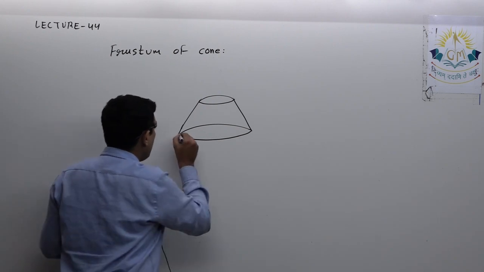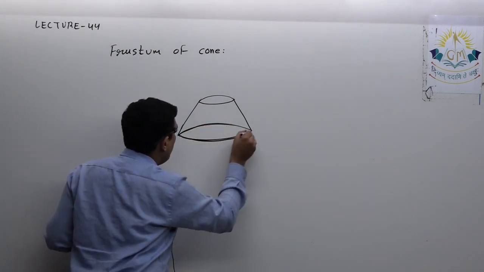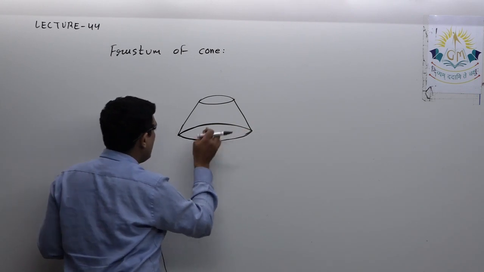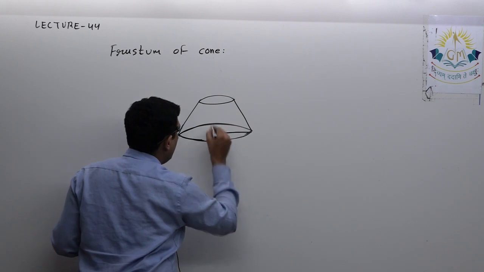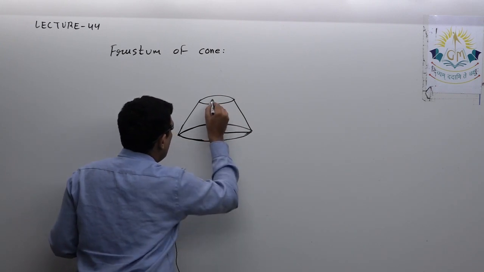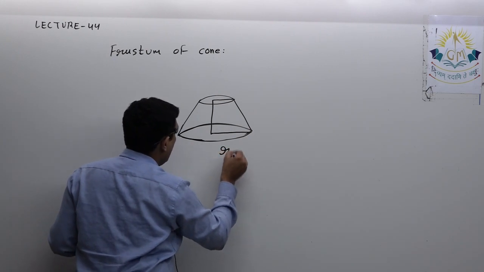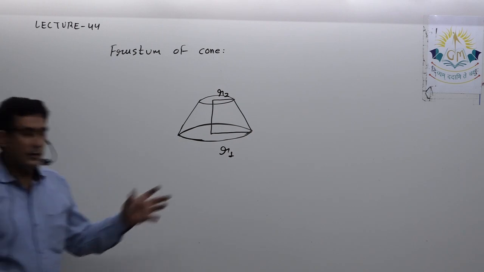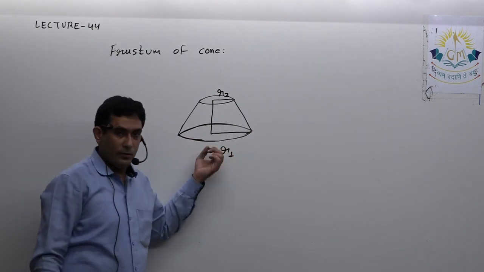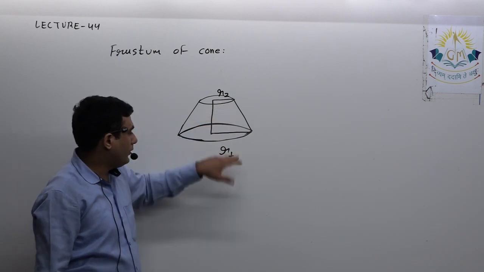Now this frustum of a cone has two flat circular surfaces and one curved surface. Say the radius of the lower circular end is R1 and the radius of the upper end is R2. That means I'm considering the greater radius as R1 and the smaller one as R2.